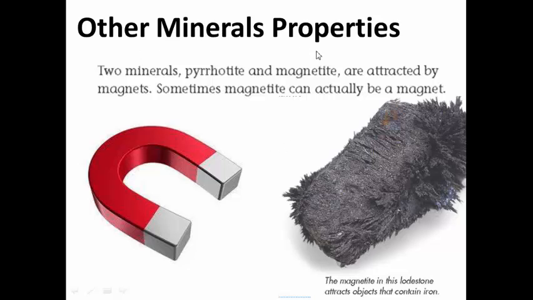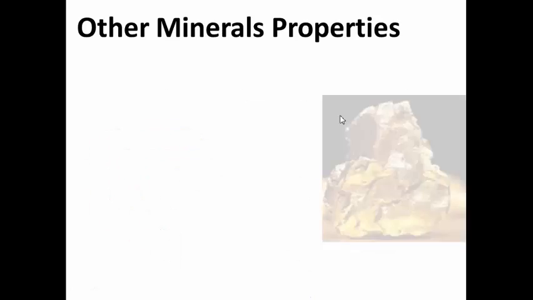So this is another property, but for some minerals. Pyrite and magnetite can be attracted by a magnet, and magnetite, the second one, can actually act as a magnet. So let's go to the next property.